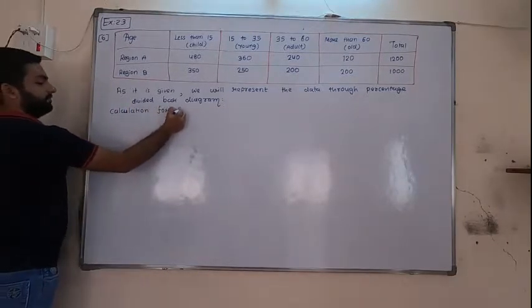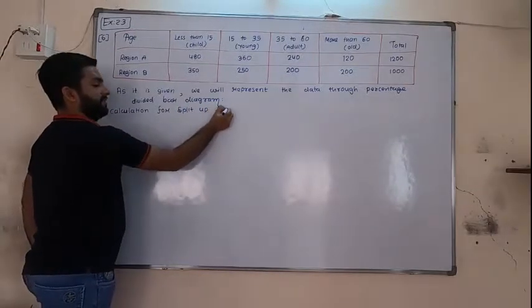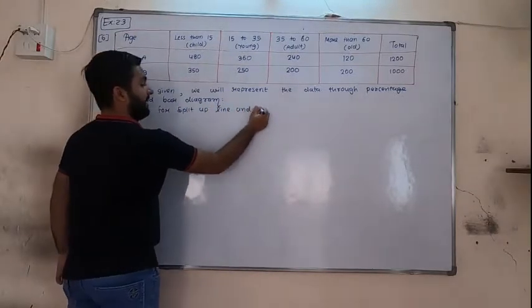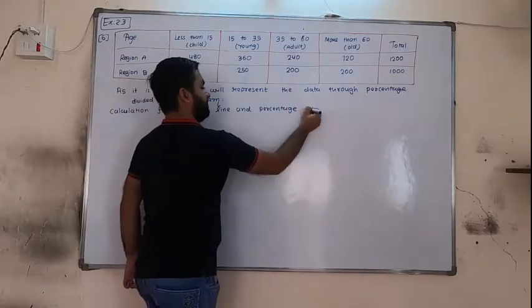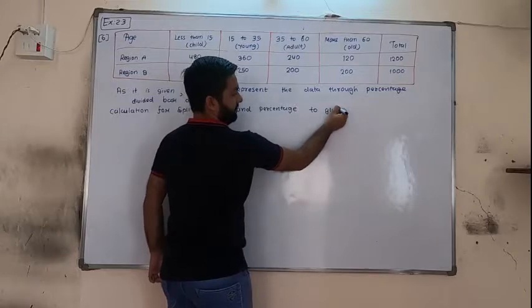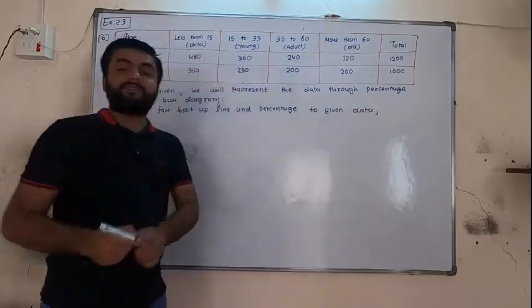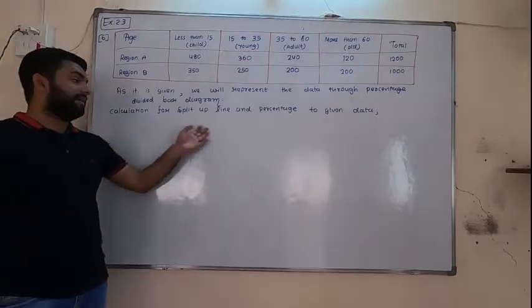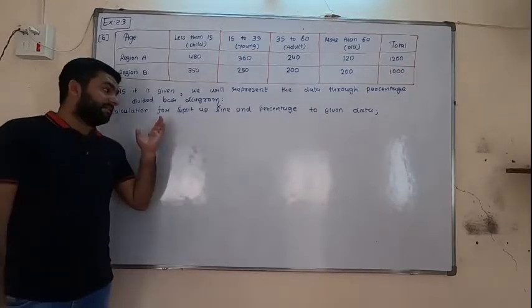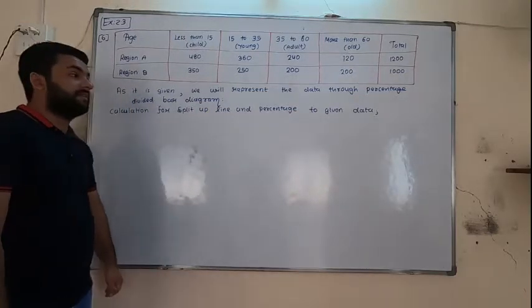Calculation for split up line and percentage to given data. What is the basic difference between simple divided and percentage divided? In simple divided, directly calculation for split up line, but here first we need percentage to the given data.